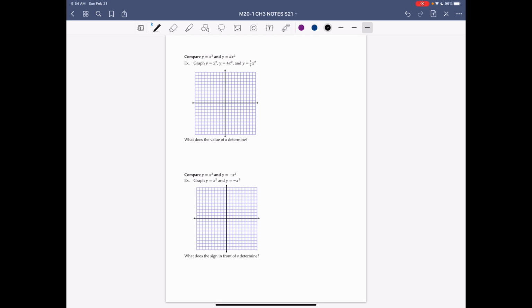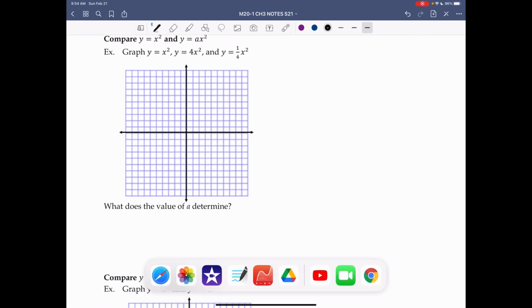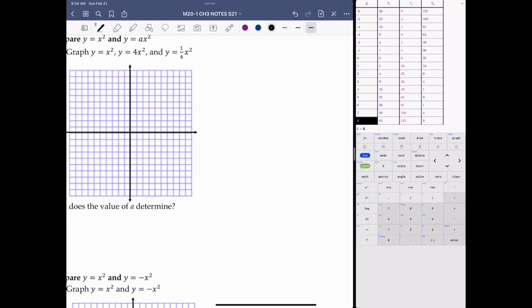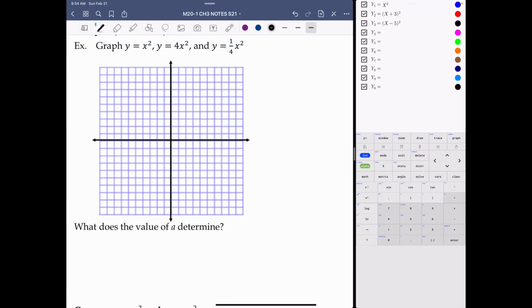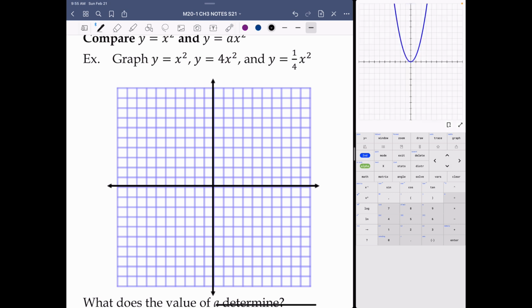Compare y equals x squared and y equals a times x squared. Example, graph y equals x squared, y equals 4x squared, and y equals 1/4x squared. Again, we'll use our calculators. Go back to y equals, clear whatever you had there. Actually, we'll leave y1 because it's going to be the same. Clear the other two. So graph y1.